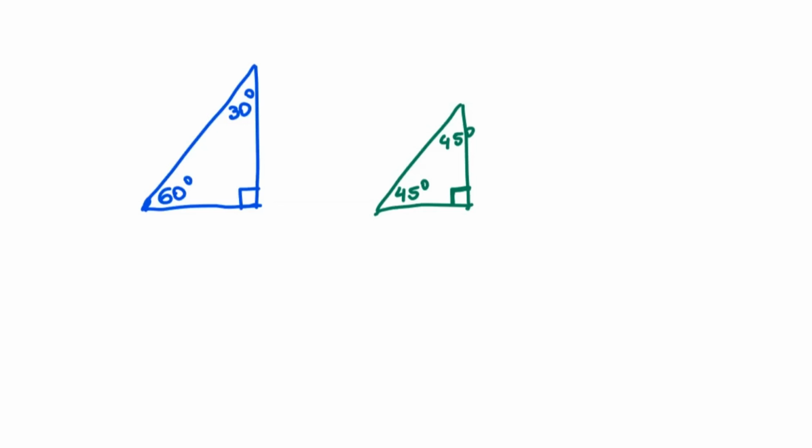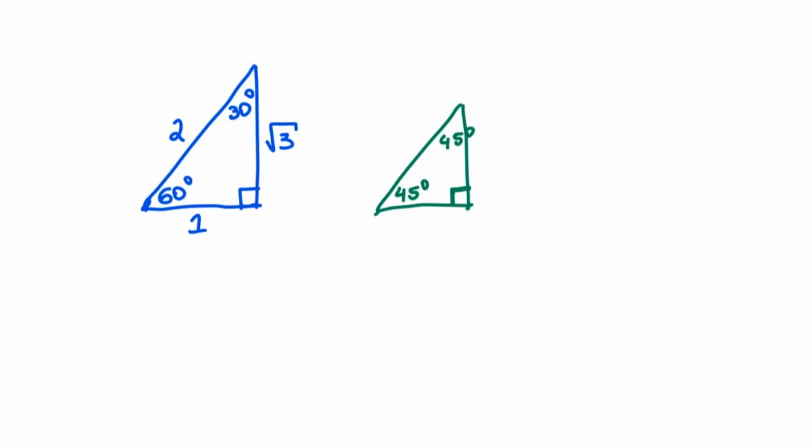Let's look at them. The side lengths that are being created by these angles and the ratios within the trig unit circle are the following. The side beside, or adjacent to, the 60-degree angle is equal to 1. The hypotenuse is equal to 2. And this side here is equal to square root of 3.